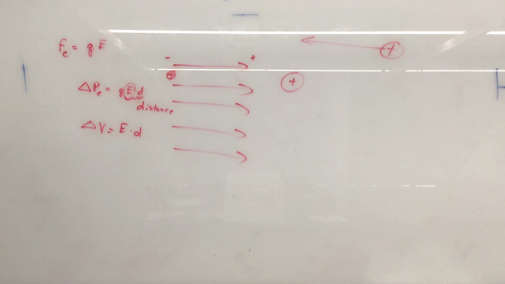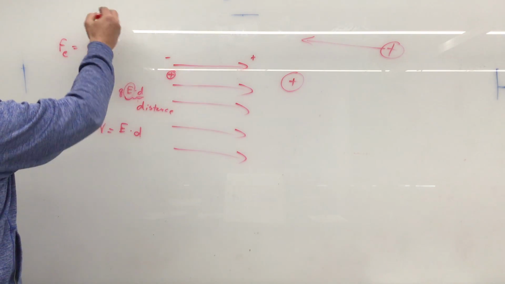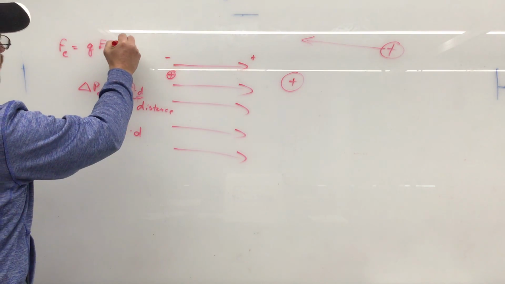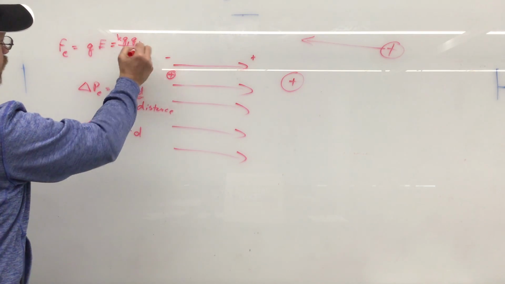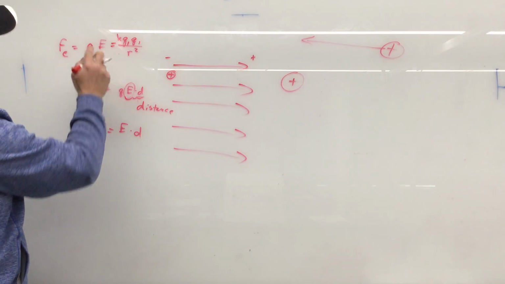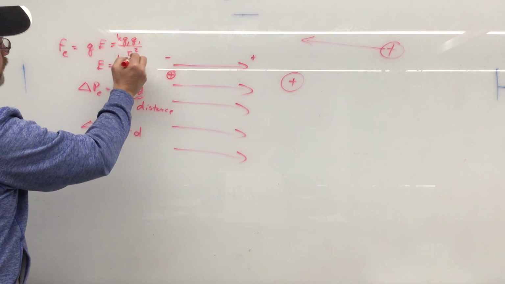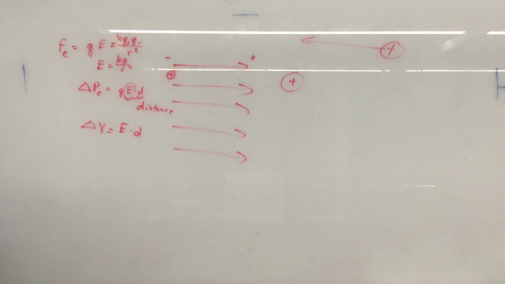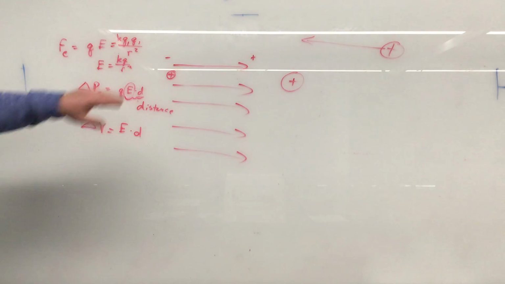And if we look at, again, relating all of these things, force was this, but if we remember, total force was Q1, Q2, we had this K, and over R squared. As we go progressively from force, E is that with just one of the Q's, because Q times E is force, so if we just divide through by Q, we just get this.